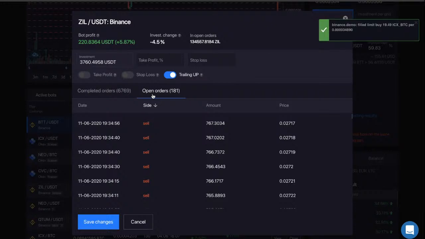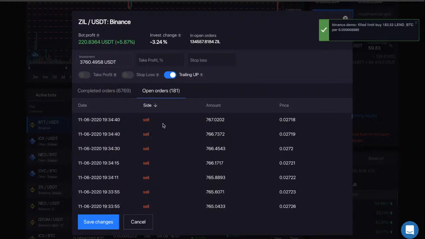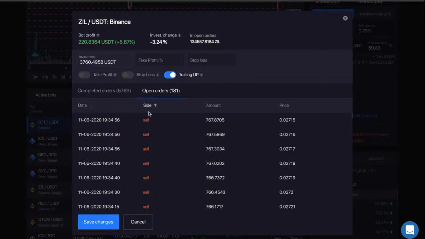So these are my open orders in Zilliqa. I can see all of them. And when I click on the completed order section, I will get all relevant data regarding my executed orders. It really takes time for it to load what I'm looking for.